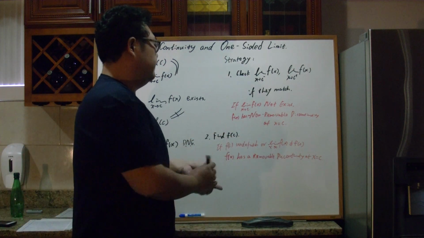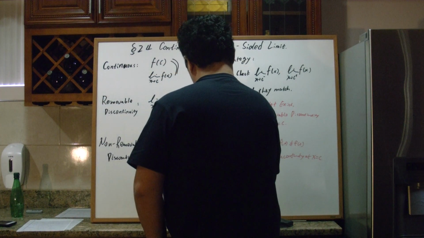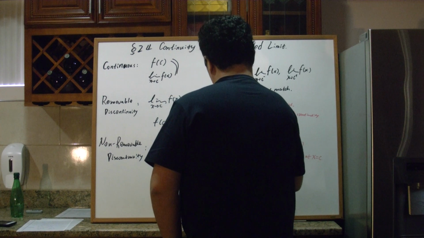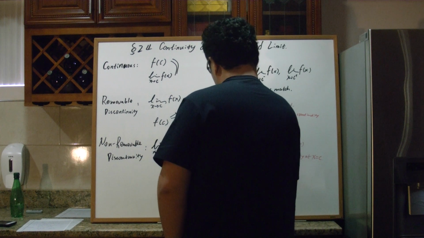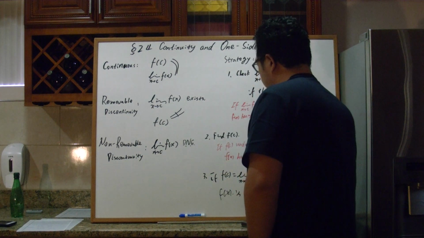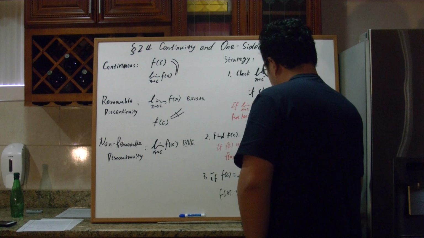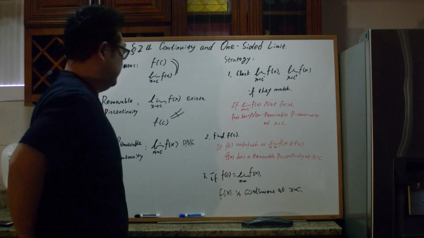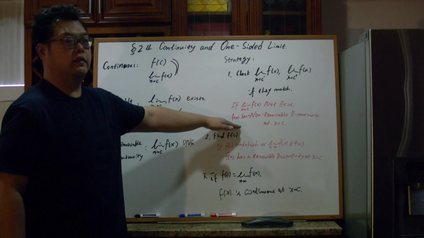If the function value equals its limit, f of x is continuous. So three steps to show everything. If it is non-removable, we stop here.